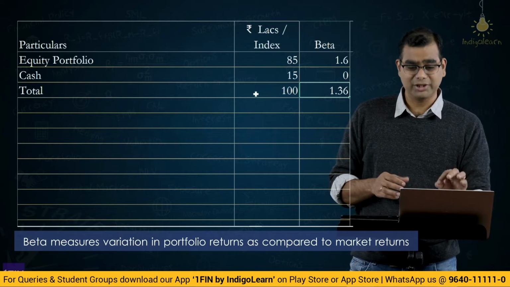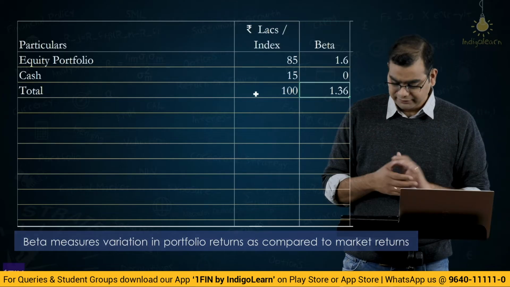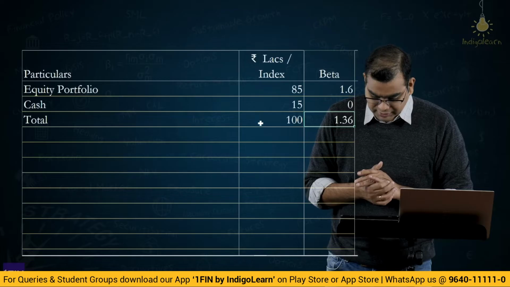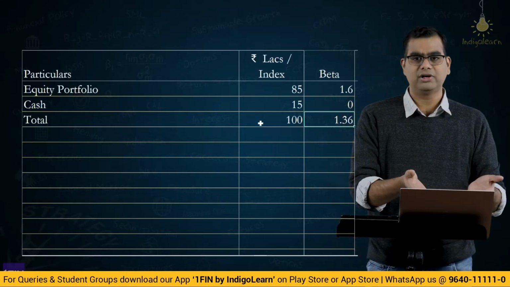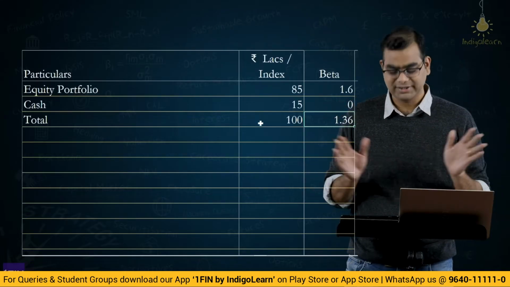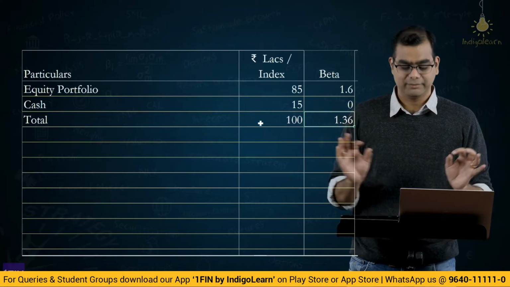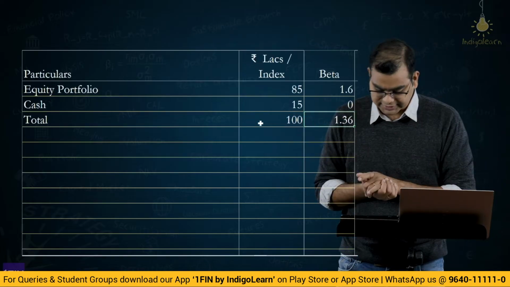This we just computed by just looking at the numbers. We have not even gone to solving the problem. Determine the current portfolio beta, we already have it, 1.36. Very simple. So, the first answer is given. Beta of the portfolio is 1.36.